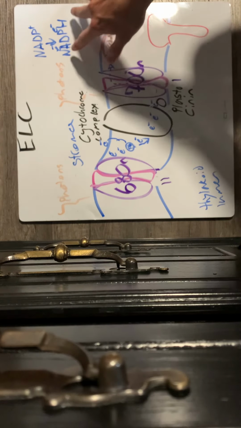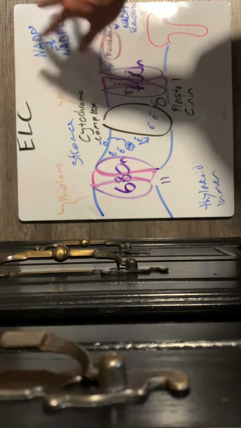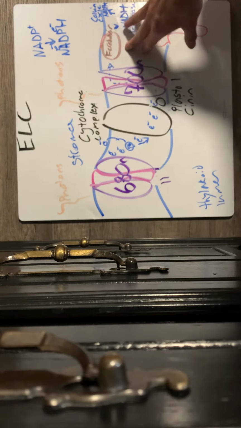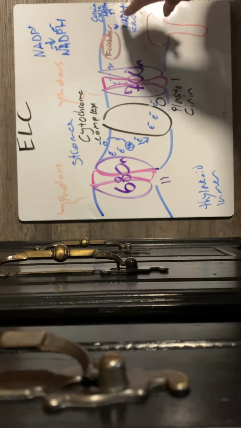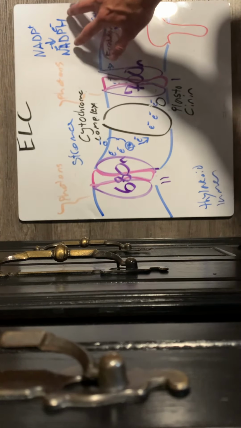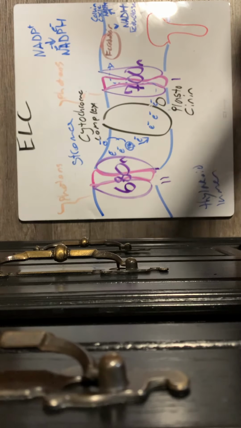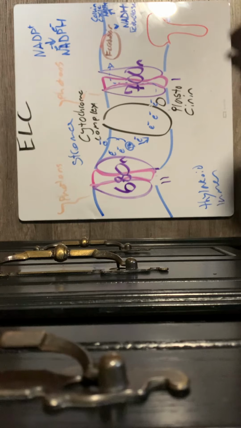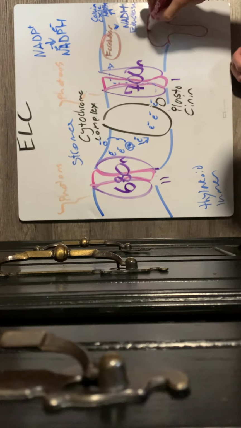And it's sent NADPH with 2 electrons. That's the job of ferredoxin, is to supply those electrons to NADP plus to make NADPH that then goes to the Calvin cycle along with ATP.